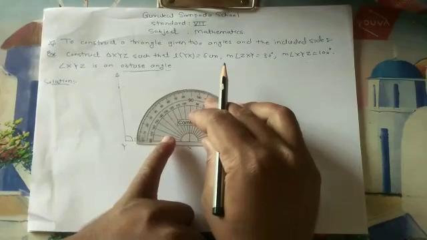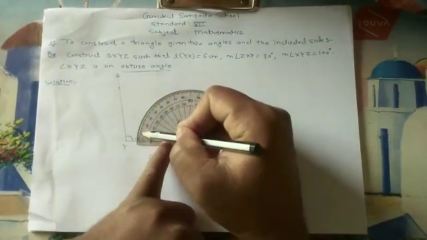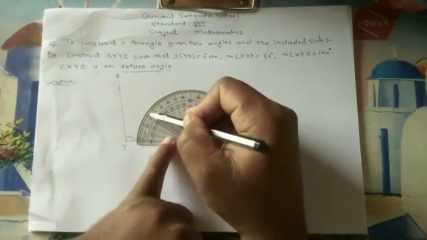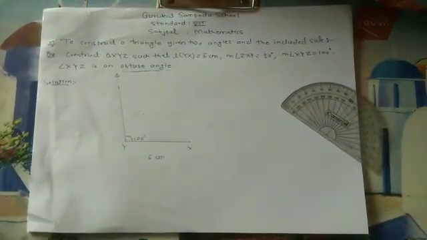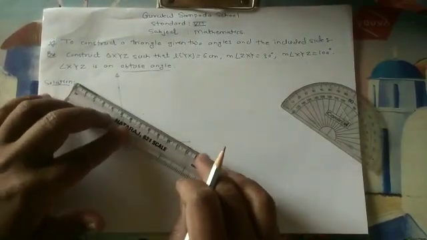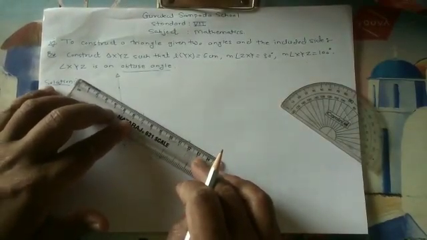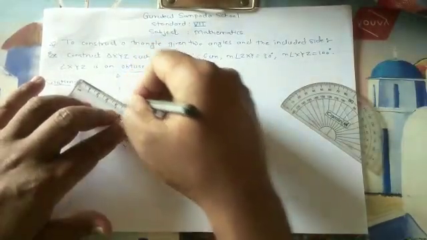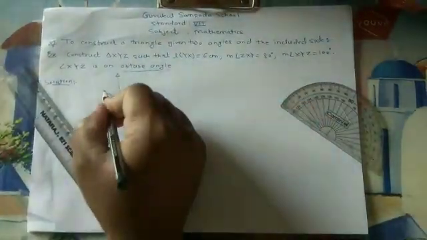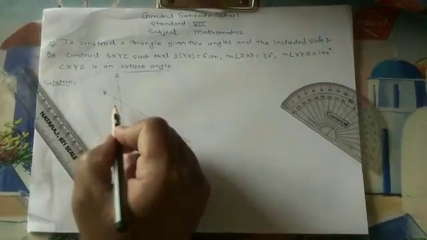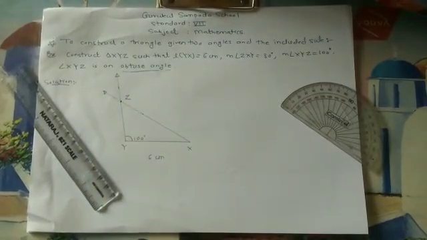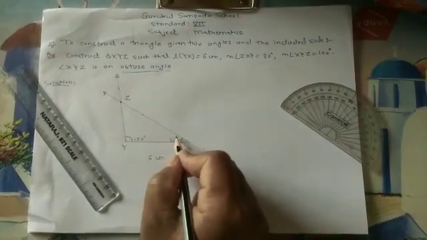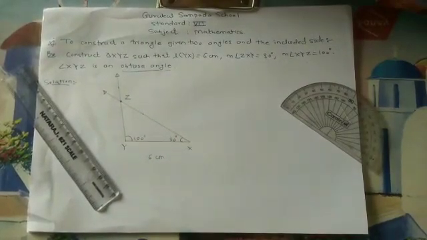So we measure how much is the angle? 10, 20 and 30. So here is the 30 degree point. So again we take a pencil and scale and join these two points which is at 30 degree, okay. So like this, and where these two lines will intersect at this point, this will be the point Z, okay. So this angle is 30 degree.